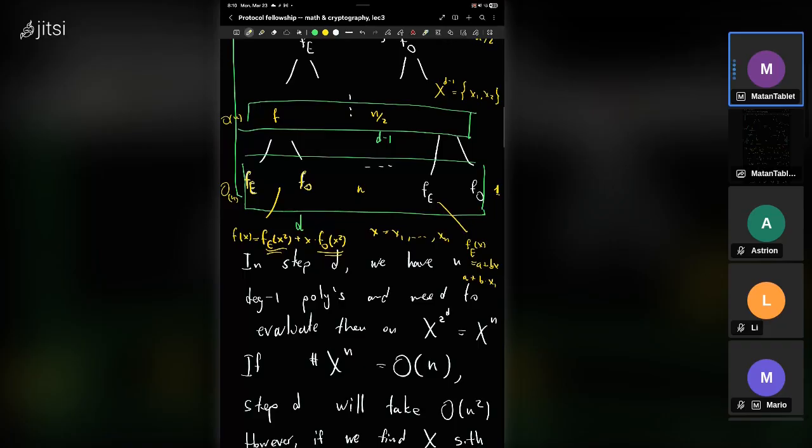And so if I take this equation here and I substitute, now I need to evaluate this F on these x1 and x2.